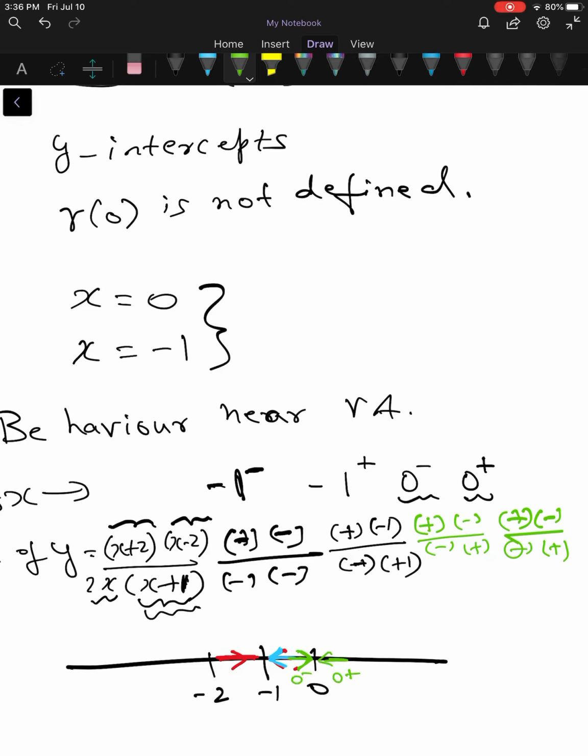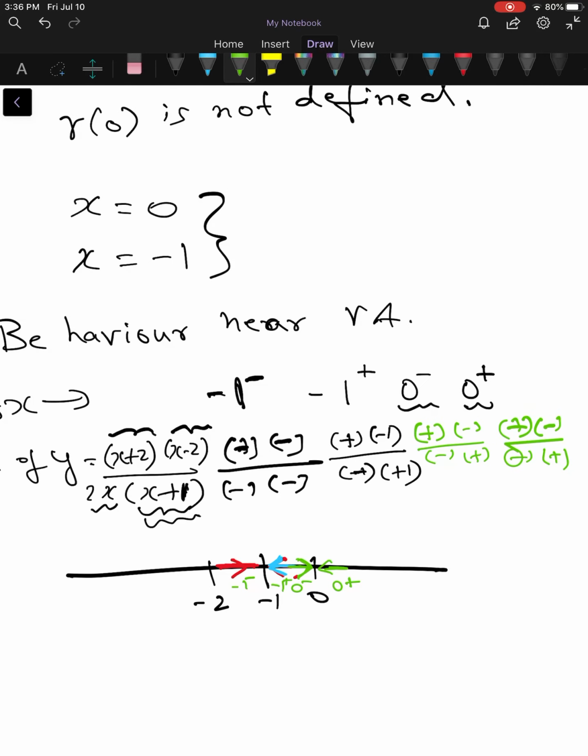Okay, so what happens to y? If negative signs are more in number, y will tend towards negative infinity in this case. And if we have the same number of positive signs and negative signs, each sign will get cancelled and you will just have positive infinity.